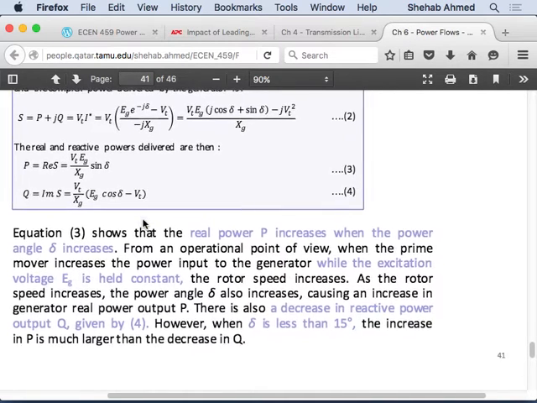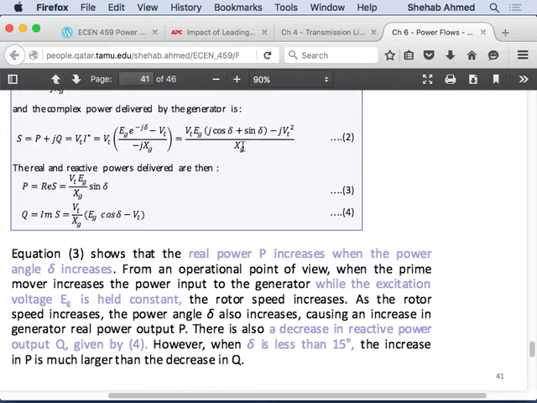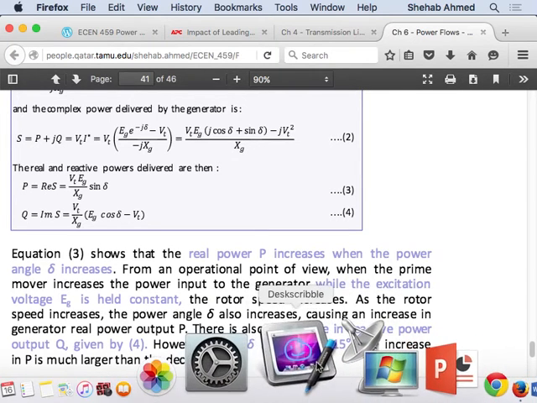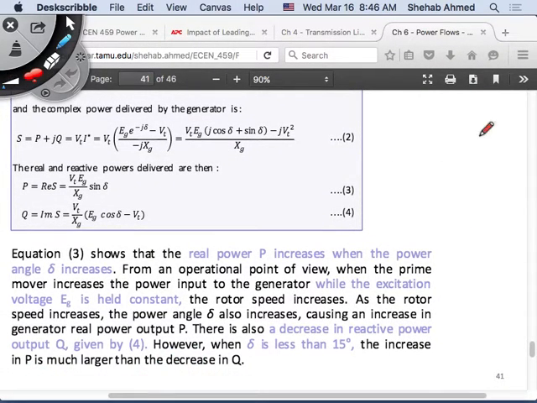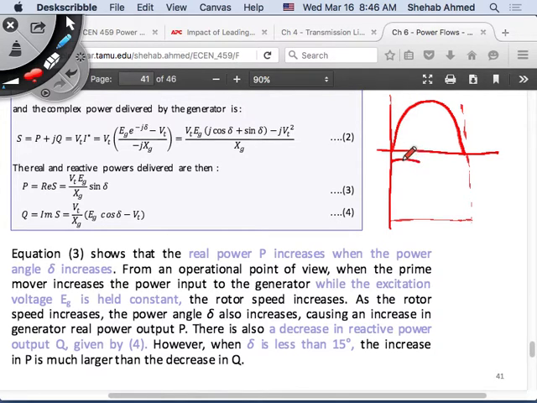Let's see what a sinusoid looks like and what a cosine looks like. So this is a sine wave, and half a sine wave, and then this would be a cosine.